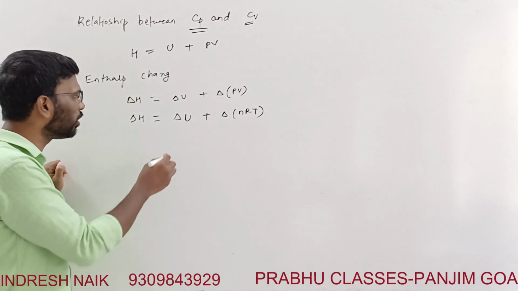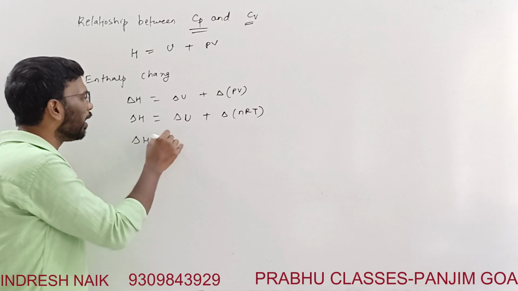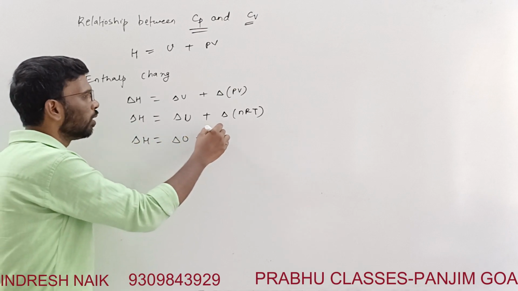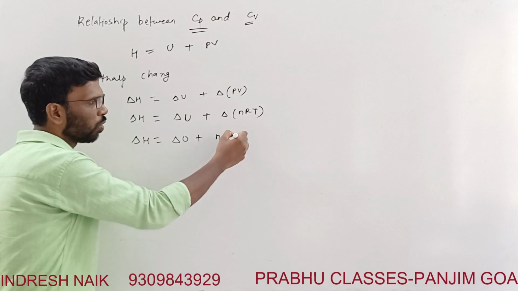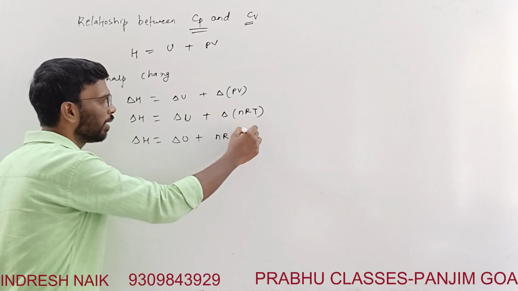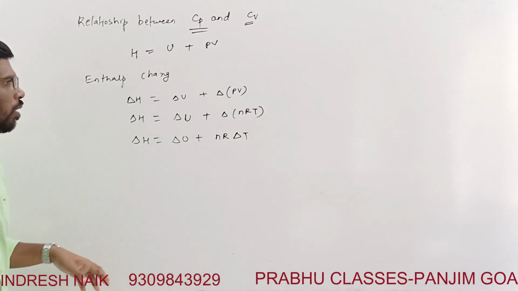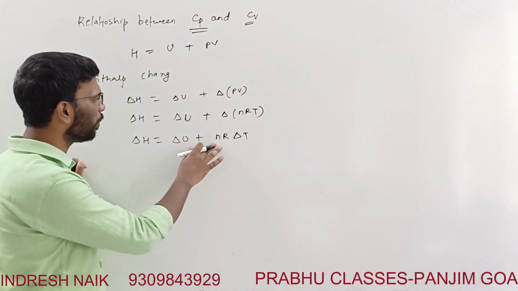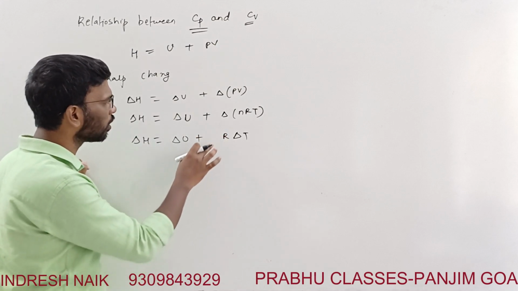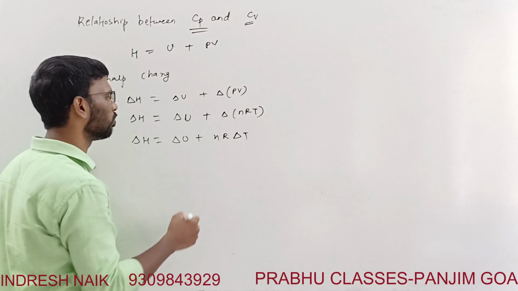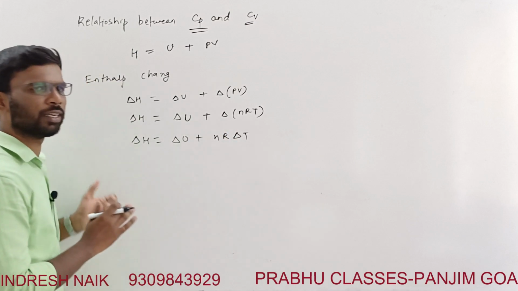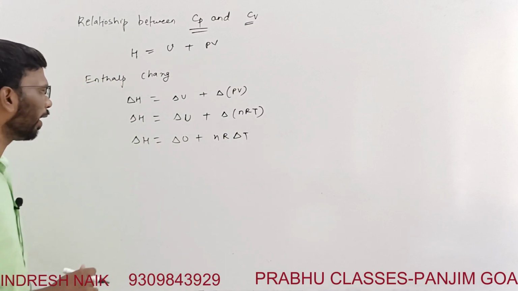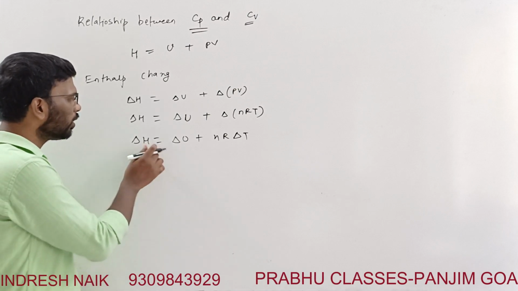So delta H, I will rewrite this equation, delta H is equal to delta U plus n R delta T, where n is constant, R is the gas constant, and this is delta T. For 1 mole, we'll write this also, R delta T. So what is delta H?